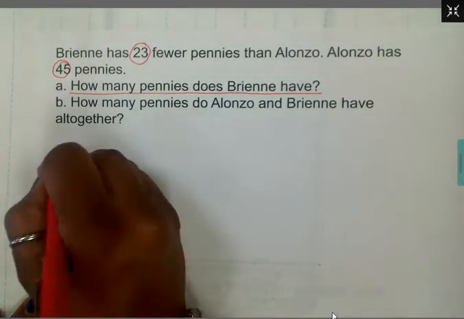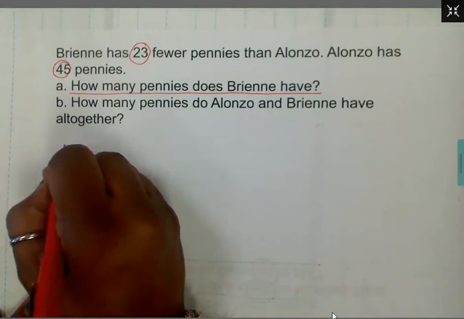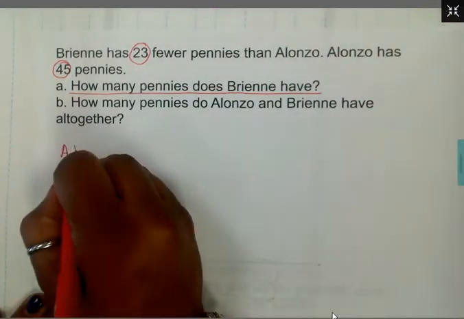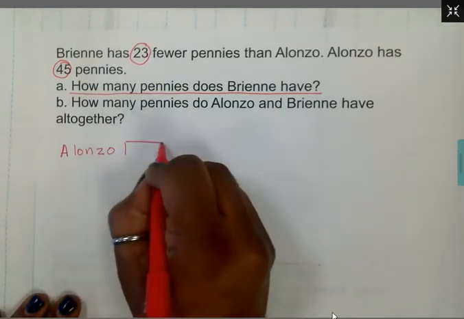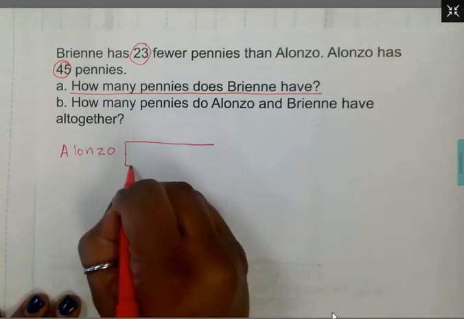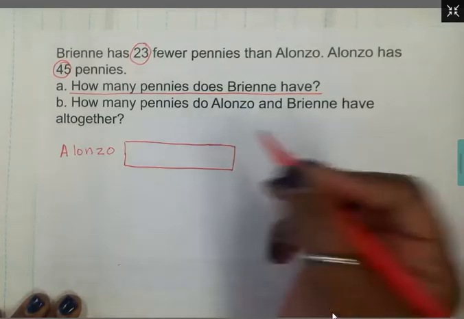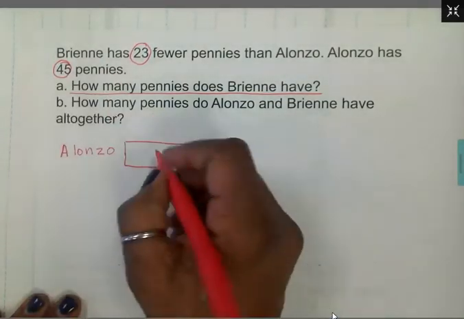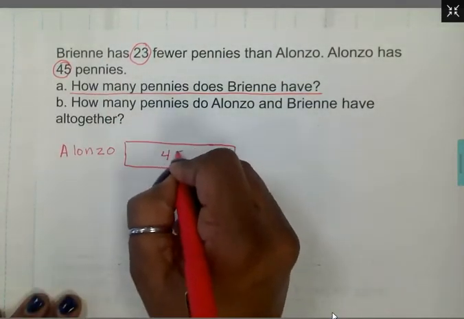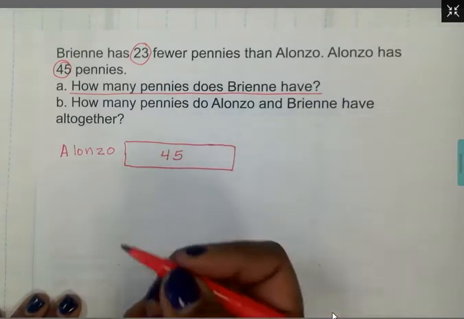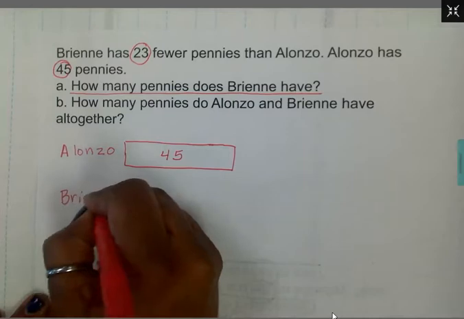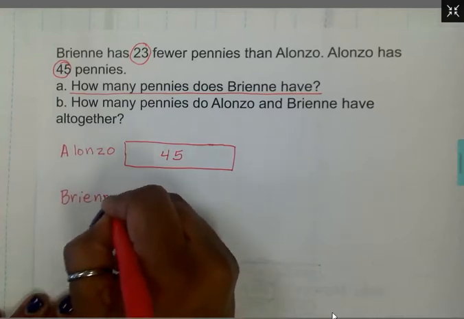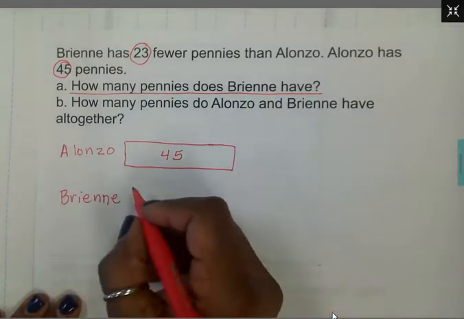First, we're going to start with Alonzo. Alonzo has how many? 45. And Brienne has 23 fewer.